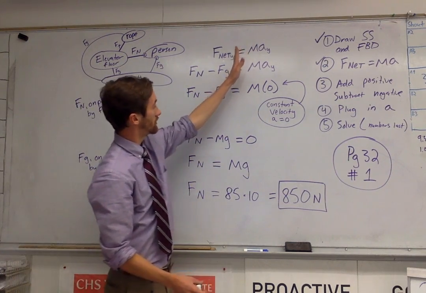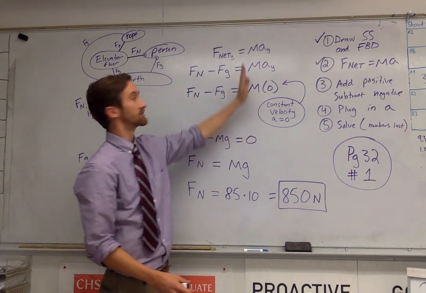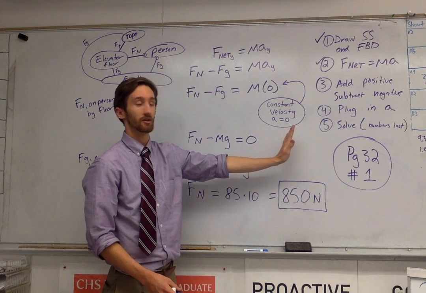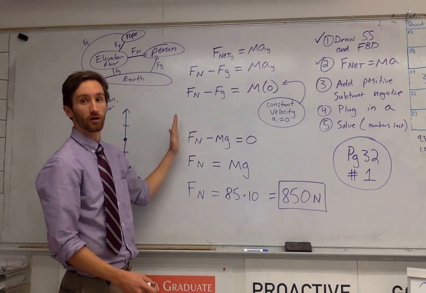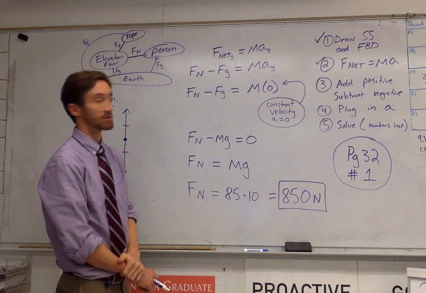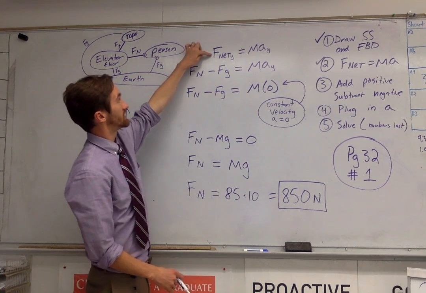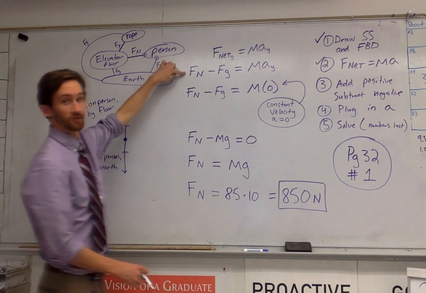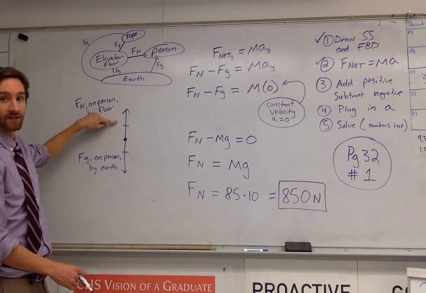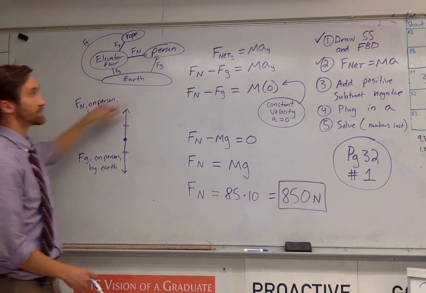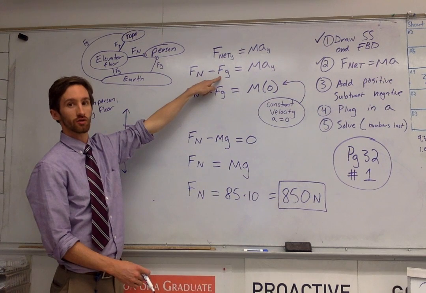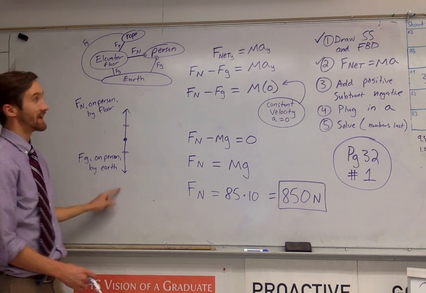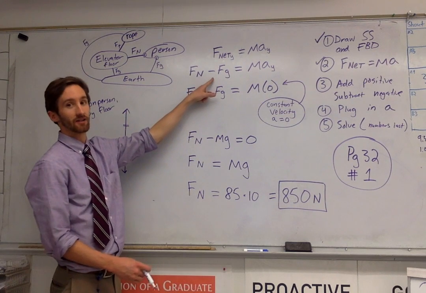Next, we're going to break up our net force. You'll notice this whole time I have my equal signs coming down, and I'm going to keep all of my mass times acceleration on the right side, all of my forces on the left side until we get to the end. So this net force breaks up into normal force going up, that's a positive, so I add it, and gravitational force, Fg, going down, it's negative, so I subtract it.